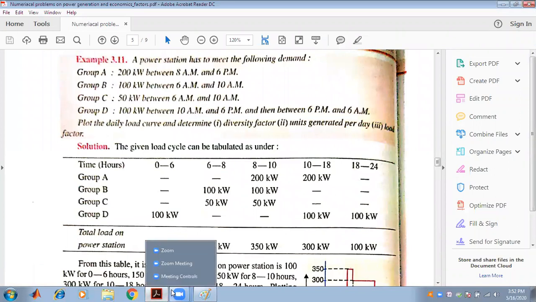So in order to find the diversity factor, the diversity factor is the ratio of the sum of the individual maximum demands divided by the maximum demand of the station. So we have already found the maximum demand of the station is 350. So what is the sum of the individual demands? It is 200 plus 100 plus 50 plus 100. Okay. So this is 450 kilowatt, the individual maximum demand.